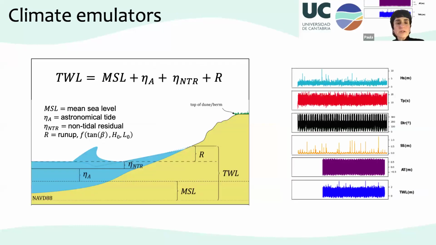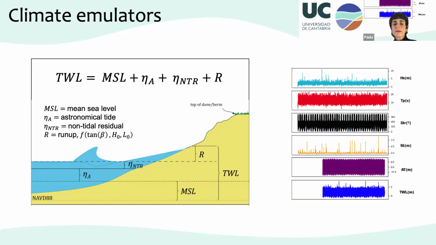And the final application is to develop climate emulators. And here is an example applied to coastal flooding risks. Again, we use this proxy of total water level, which is composed of the wave component and the storm surge. So we have the parameters that define these components of the total water level.